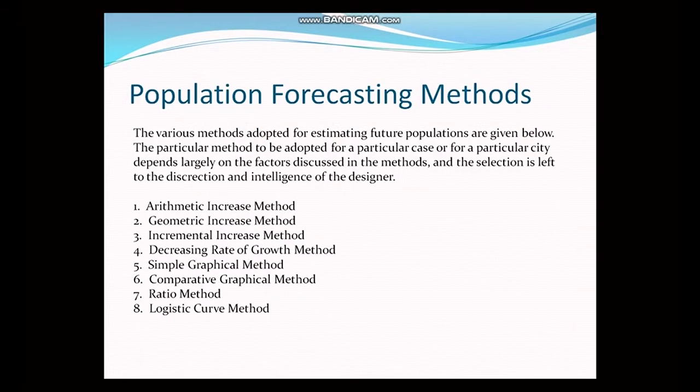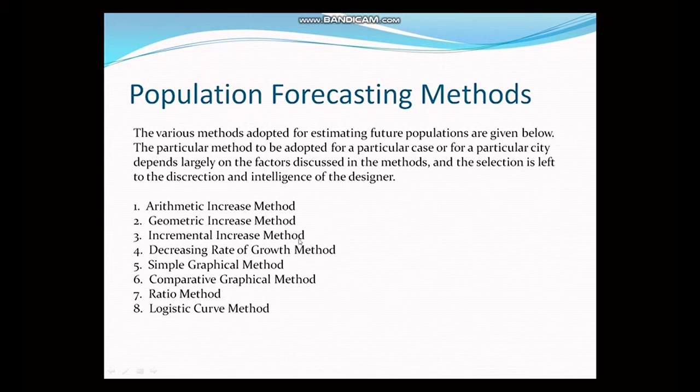As we have already understood that the population forecasting is very important for the serviceability and sustainability of a water supply scheme, let us do some numerical problems based on the population forecasting methods as mentioned here.